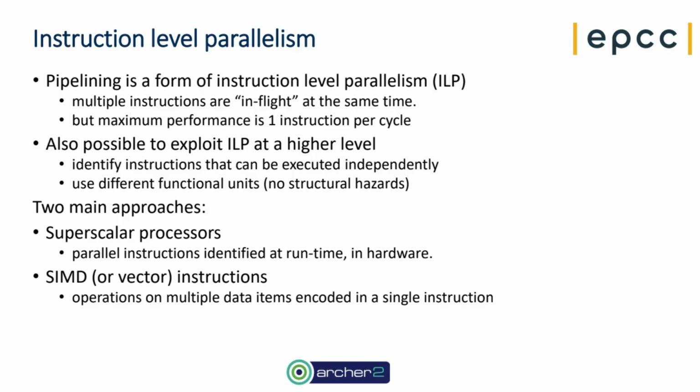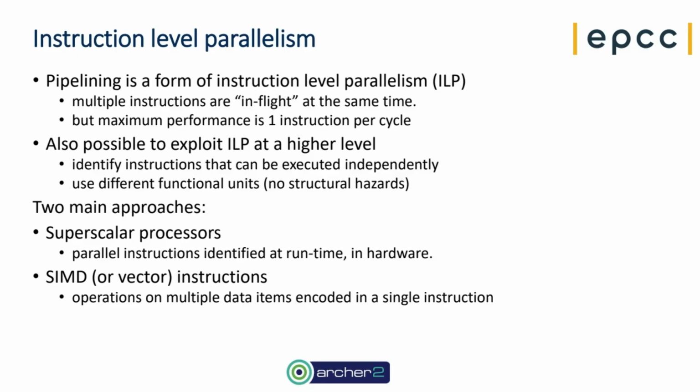It's also possible to have instruction level parallelism at a higher level, identifying instructions that can be executed independently, for example those that use different functional units. So, for example, a load instruction and a floating point instruction can be issued on the same clock cycle.